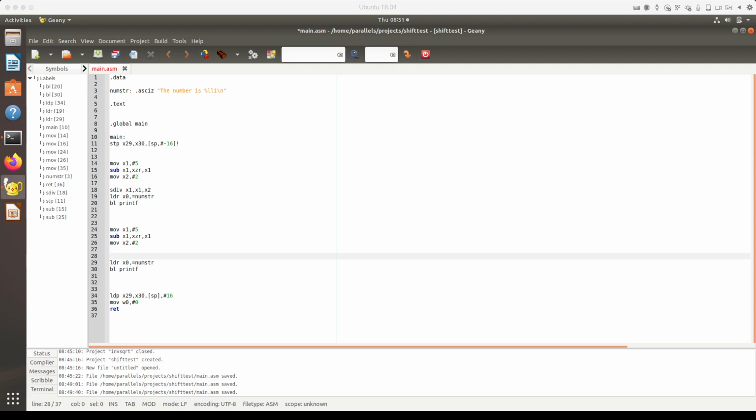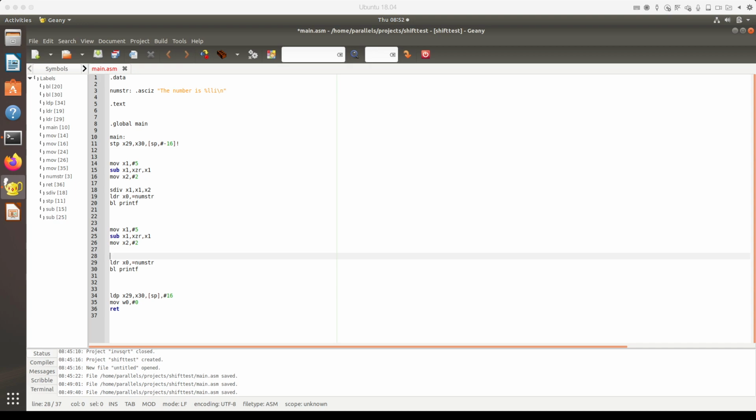Did I miss shifting? Where's shifting? Shifting on, here we go. Okay, so we've got here the immediate shift rotation, right? So we've got arithmetic shift right, ASR, that's the one we want to use in this case, okay? And then we've got logical shifts left and right and rotate right, okay?